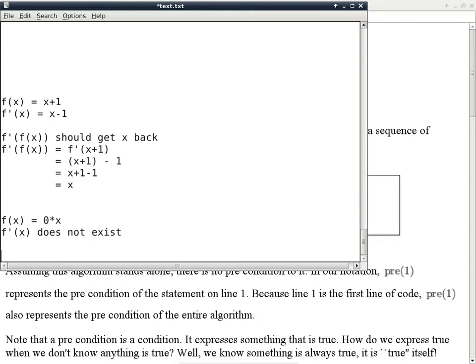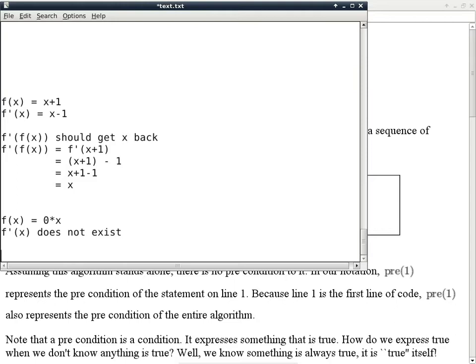Now, why is that? I mean, why doesn't this exist? Now, this is not a math class. Exactly. It has to do with the fact that everything times 0 is 0. So given the result of function f here, I don't know where I start.